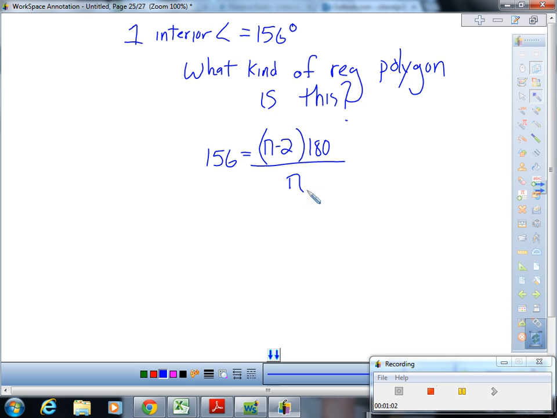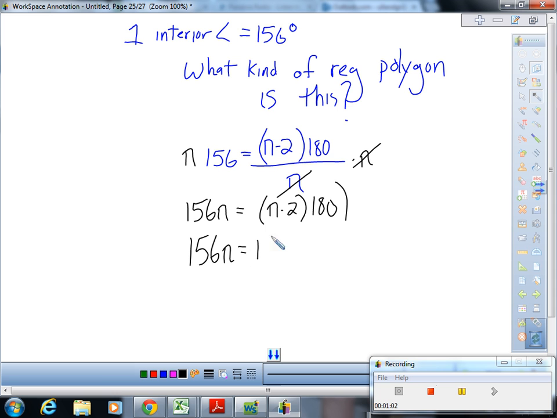To solve this problem, I would simply multiply both sides by n. That cancels it on this side. I get 156n is equal to n minus 2 times 180. I'll distribute, and I get 156n is equal to 180n minus 360.